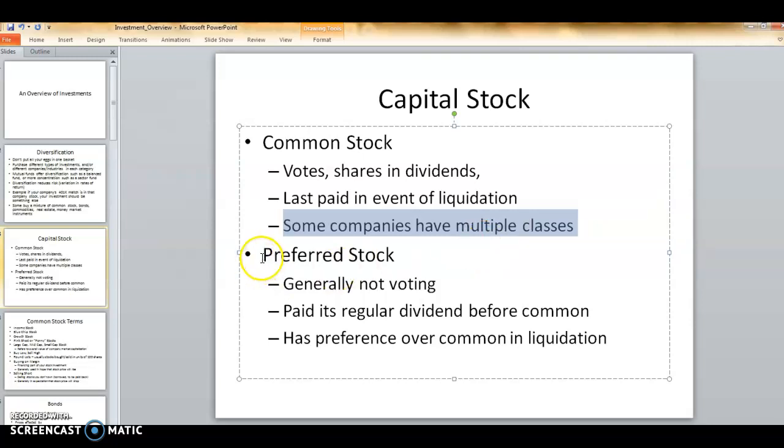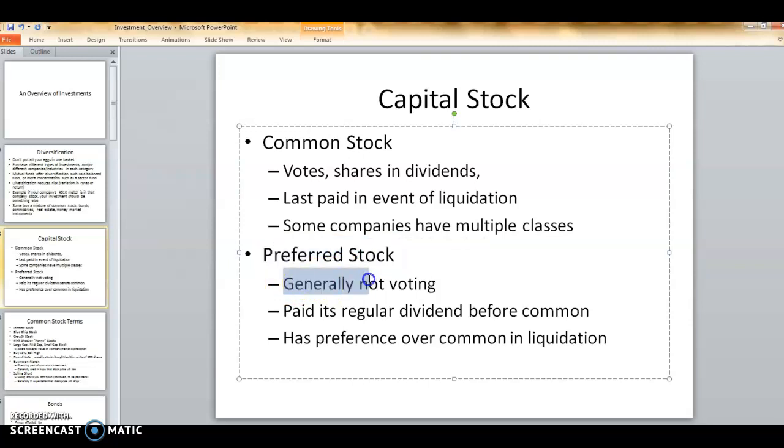Preferred stock is usually issued by financial institutions, and it's a way for the financial institution to maintain specific required capitalization ratios, which basically means how much money they have of stockholder money versus how much money they have of debtor money.